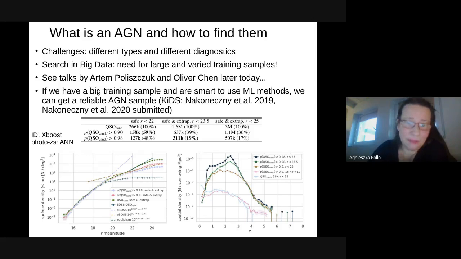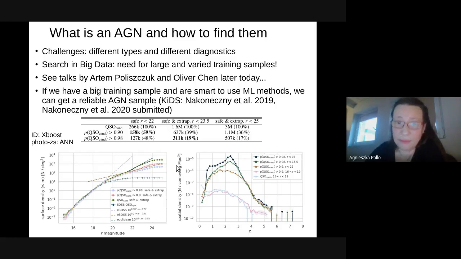But I just want to show that having properly large samples, here there is a kind of advertisement of our work on the KiDS data, where we had admittedly a very large training sample and a very large sample to classify, and we can see that we can reasonably well recover the expected statistics of such quasars.